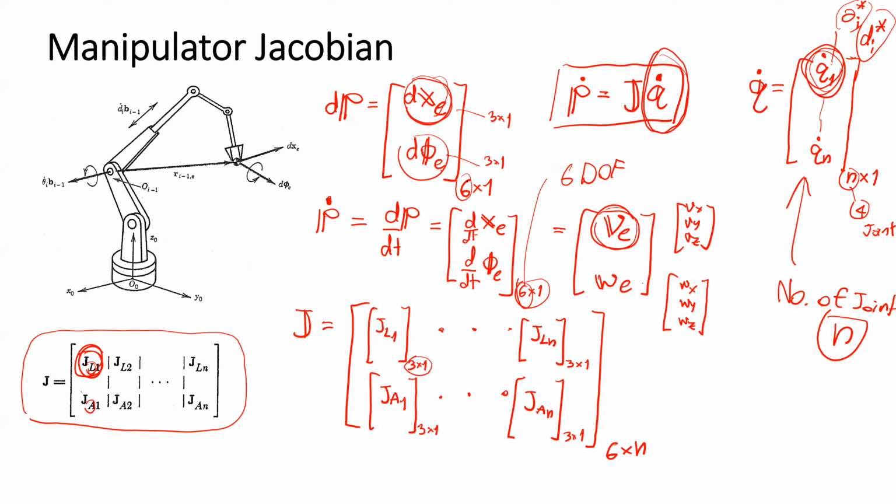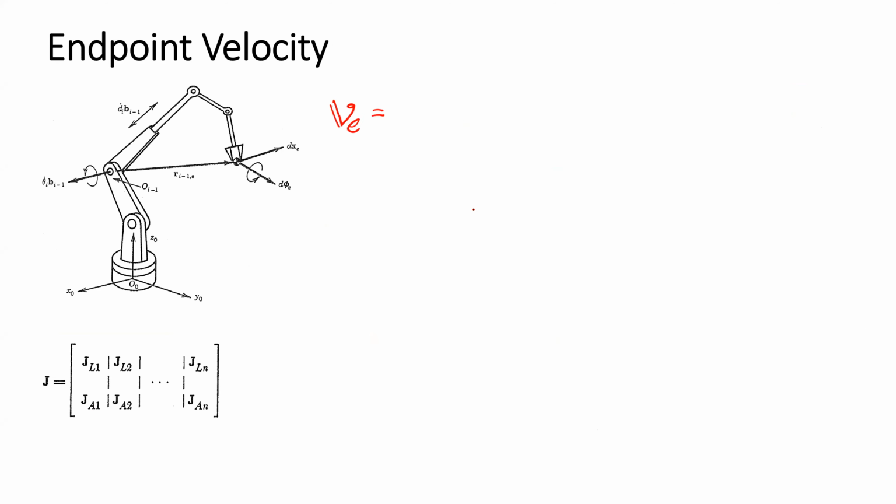Velocity at the endpoint, we can form it as Vx, Vy and Vz, and it's going to equal the Jacobian, maybe partial x by partial theta 1, partial x by partial theta 2, until... no, wait, I'm sorry, not until.